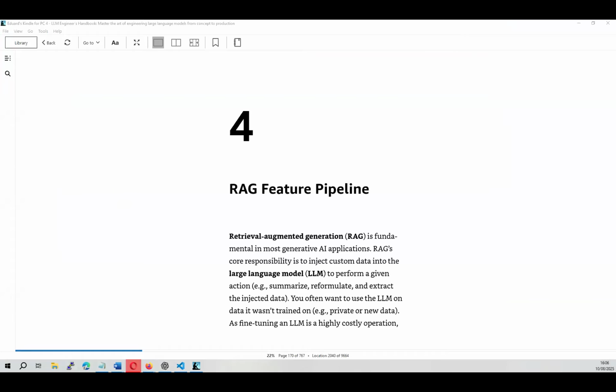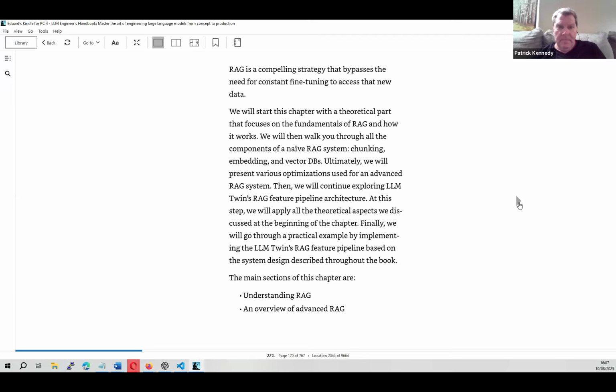Okay, so why do you need such a technology like retrieval augmented generation? The short answer is because large language models don't have the latest data, and also might hallucinate if somebody is prompting a question for which the large language model was not fine-tuned.